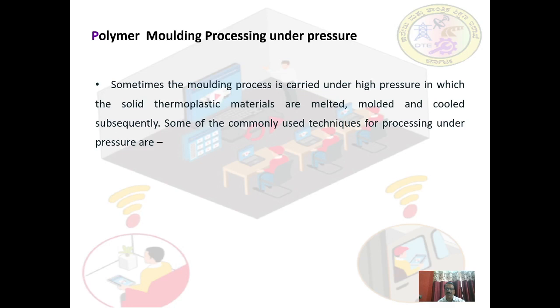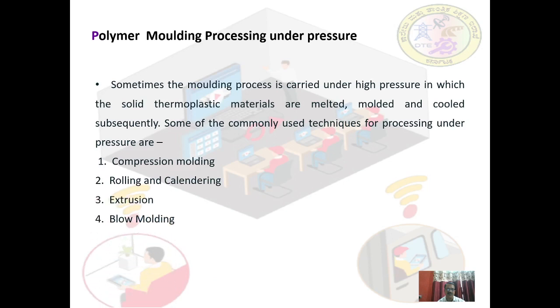Some of the commonly used techniques for processing under pressure are: number one, compression molding; number two, rolling or calendering; number three, extrusion; number four, blow molding; and number five, injection molding. These are the five different molding techniques used for the molding of plastic materials under pressure. We'll discuss these one by one.